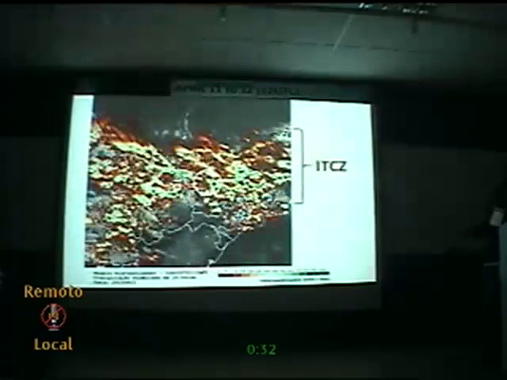Some comparison with observations. This is the precipitation estimated by satellite. And for this particular case, 11 to 12 April, if you look at the scale here, about 60 millimeters. And you can see here the position of the ITCZ that was very, very close to the continent.